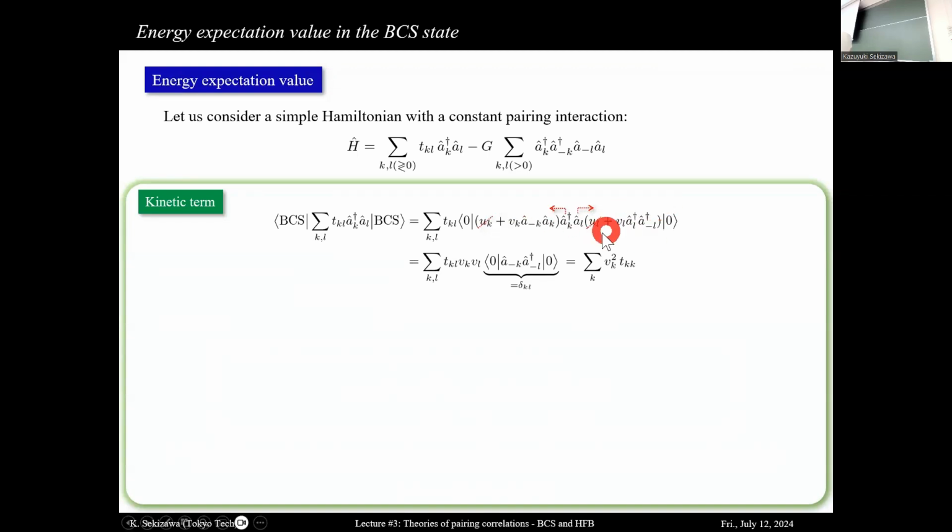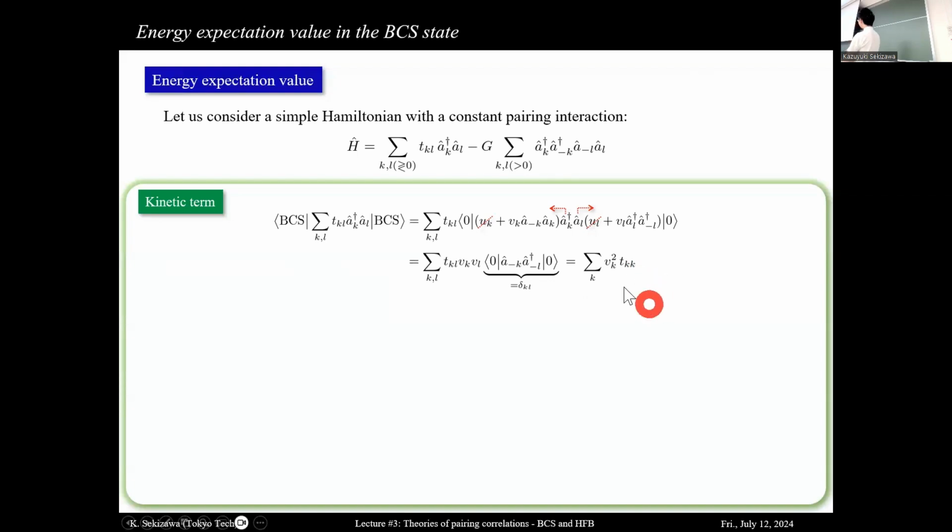Here, sorry, a k dagger vanishes, and a l dagger vanishes, and the rest is a minus k and a minus l here and here. And this provides a Kronecker delta, and you end up with this.